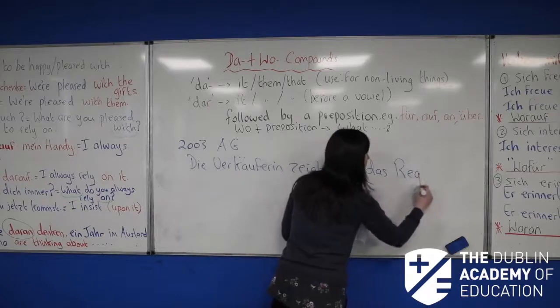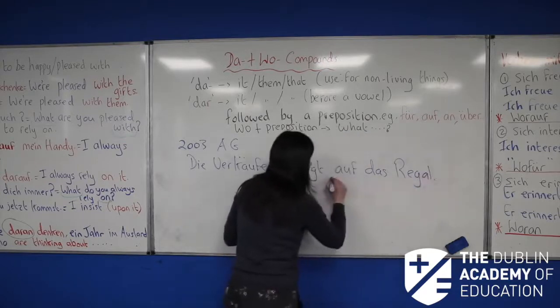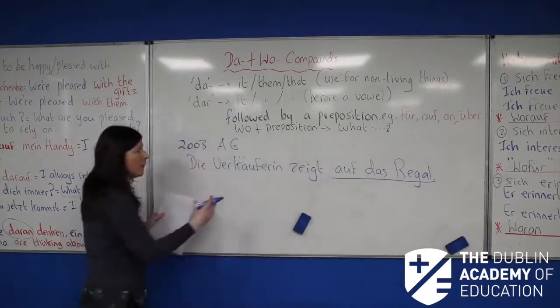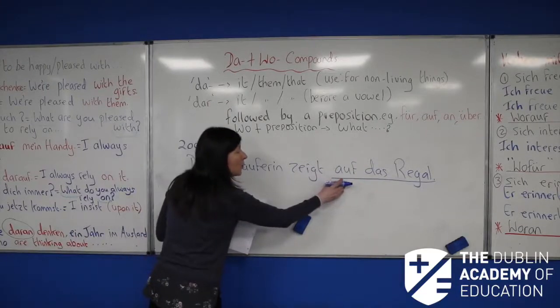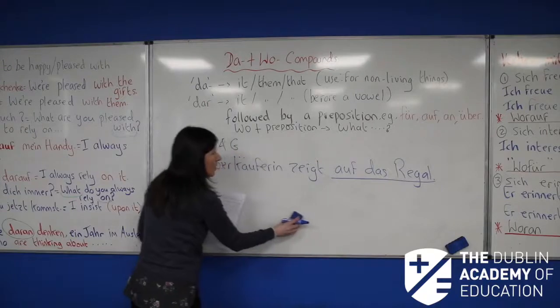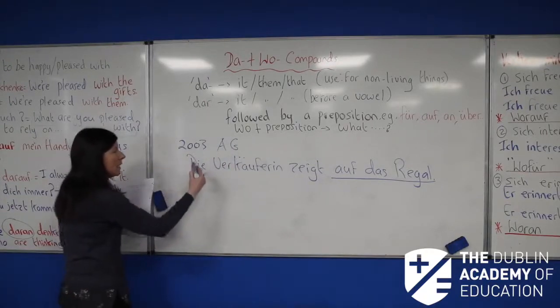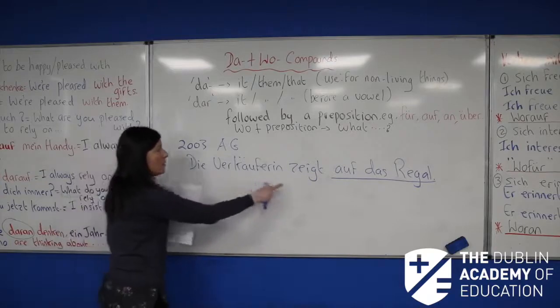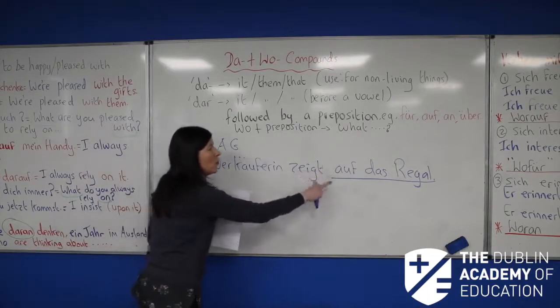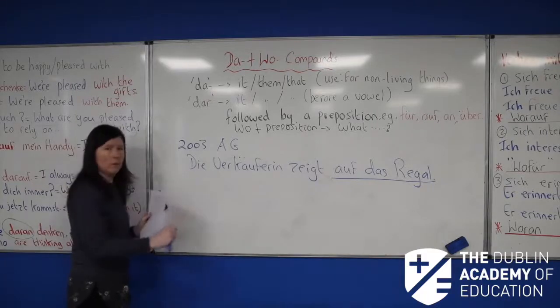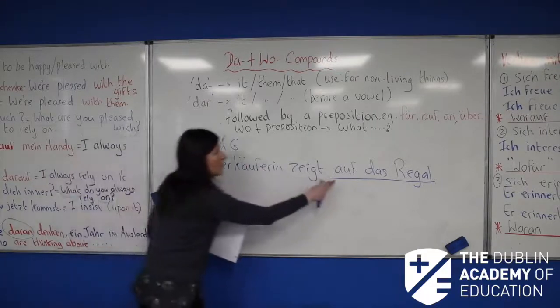Now, what you have in the question is, these three words will be underlined, and you have to create a question to include the auf das Regal, okay? So it's in relation to auf das Regal. So we see it's die Verkäuferin, so the sales assistant or the shop assistant points to the shelf. So you have to create a question for that. So this is what's underlined.